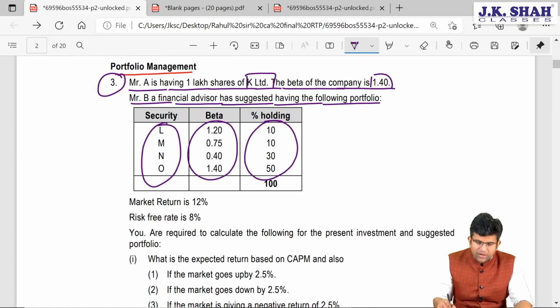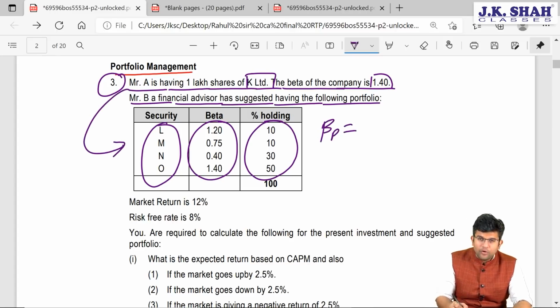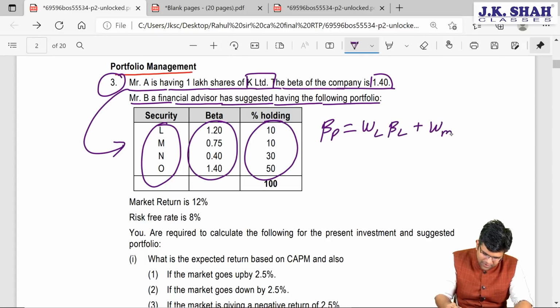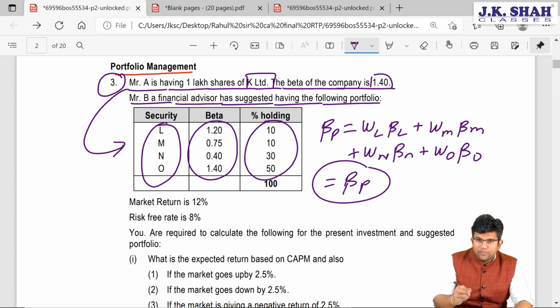Now children, do you understand that if Mr. A decides to go for this portfolio, then the beta of the portfolio will be simply weight of L into beta of L plus weight of M into beta of M plus weight of N into beta of N plus weight of O into beta of O, and that will give beta of the portfolio for this portfolio. Everyone clear?